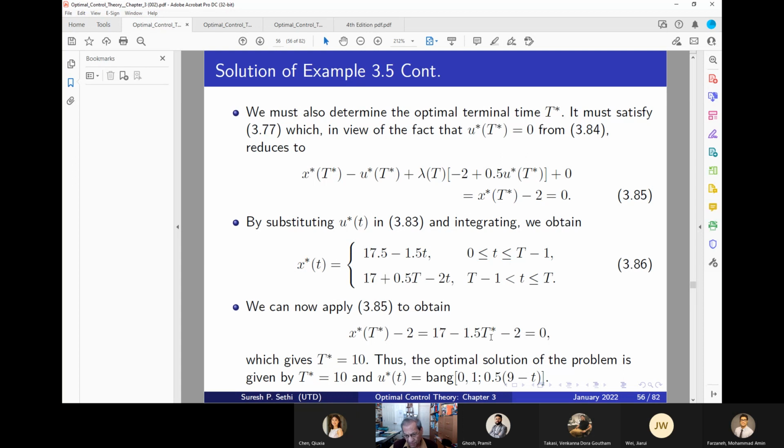So the difference becomes minus 1 T star, 17 remains 17, and 2 is coming from here. So applying 3.85, I get this equal to 0. This is the equation in T star, which I can solve. So T star comes 10, and my optimal solution then is T star is 10, and U star is 1 up to 9, and 0 from 9 to 10.